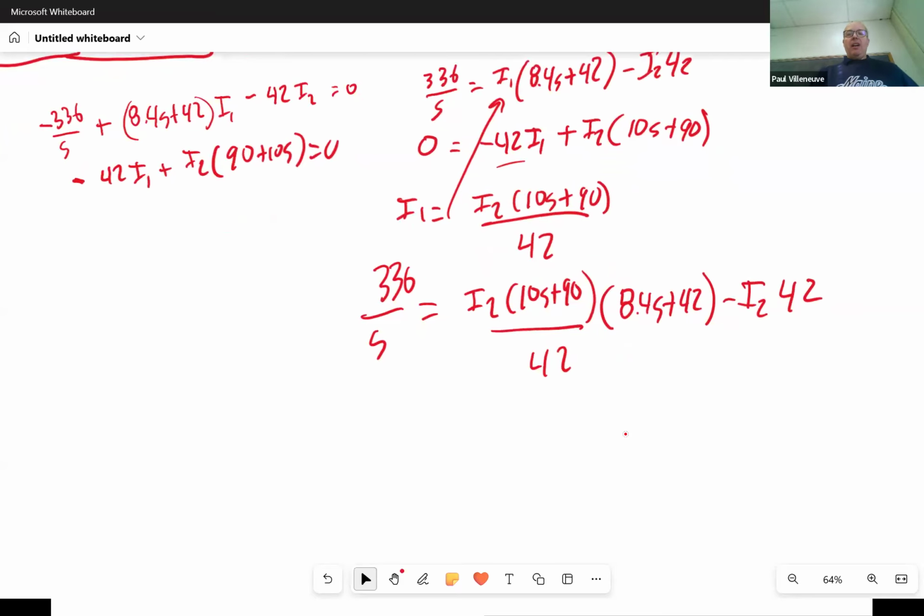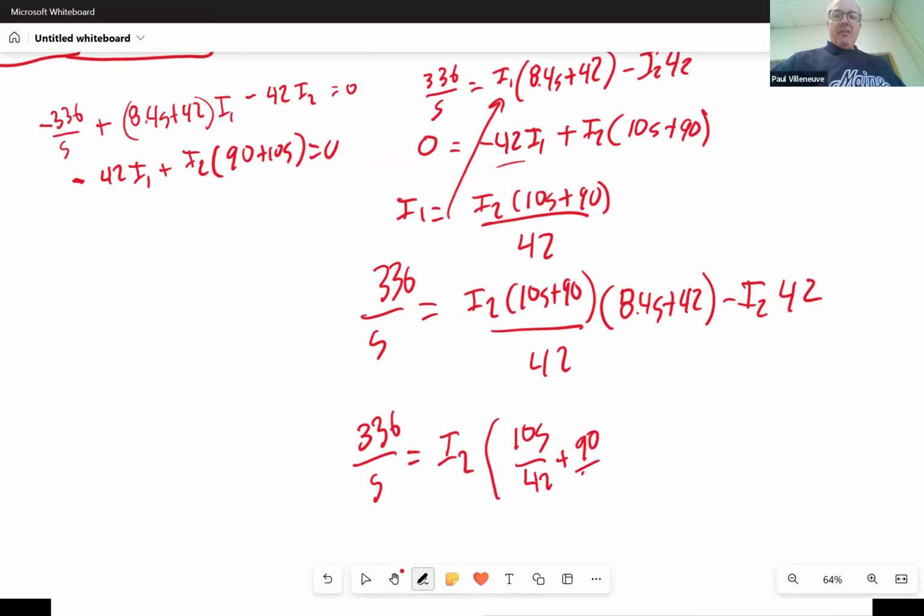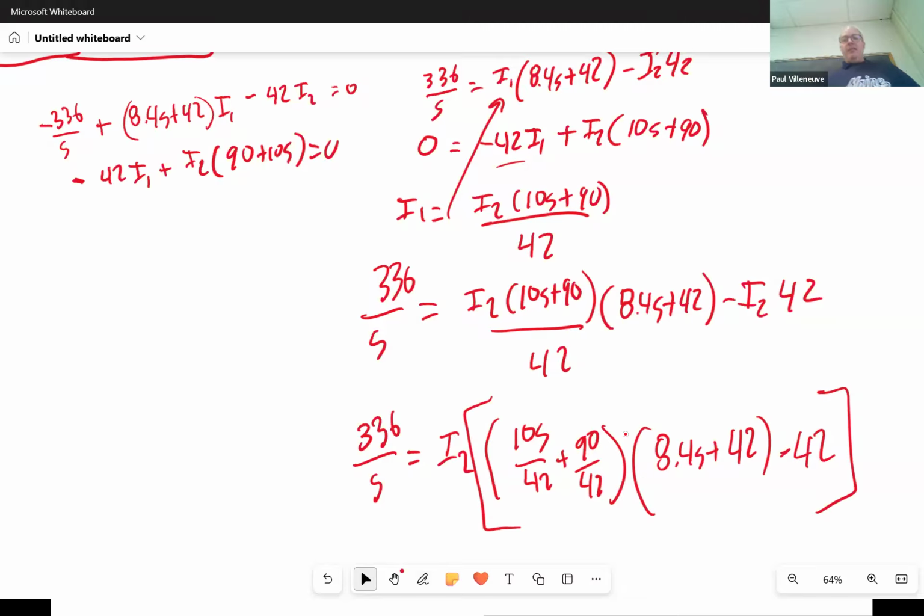So now I've got to go ahead and isolate my I2. So 336 over S is going to be equal to, I'll factor out I2, 10S over 42 plus 90 over 42 times 8.4S plus 42, and that whole thing has to multiply out of there.